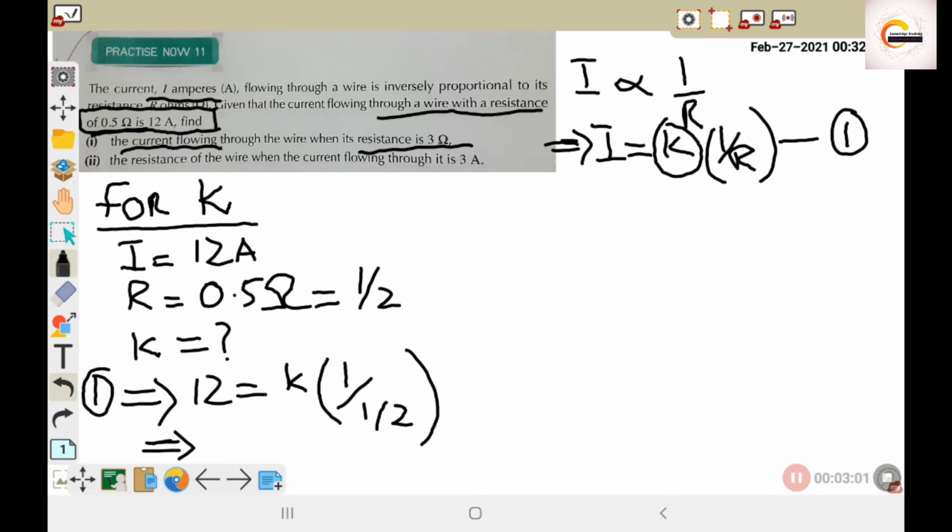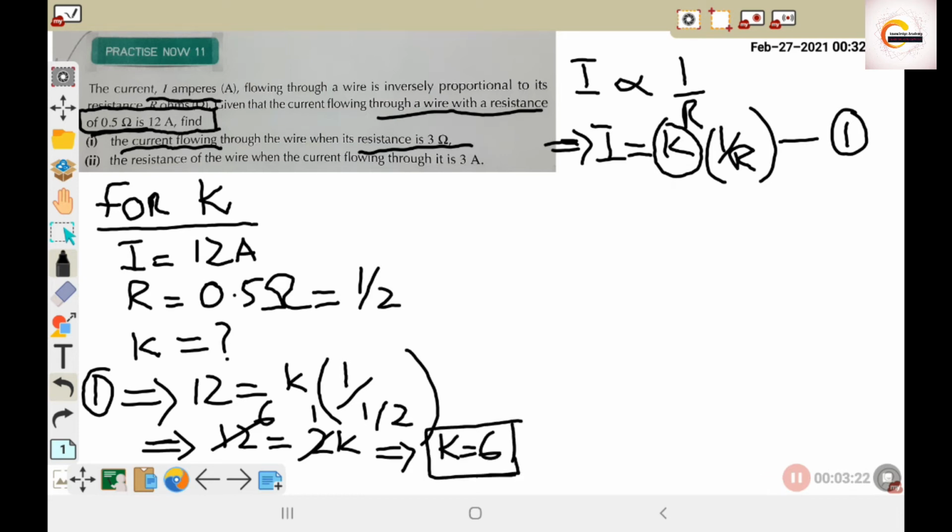Maybe I can get confused with the fractions here, so I'm going to write it down like 2K, and the value of K is 6.